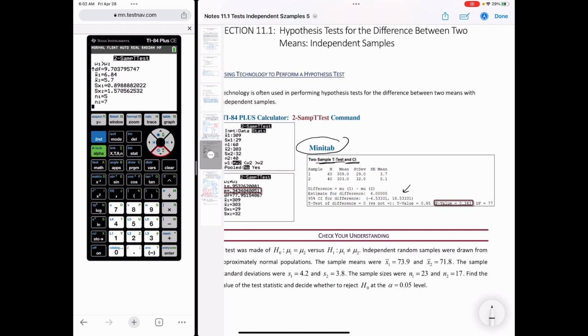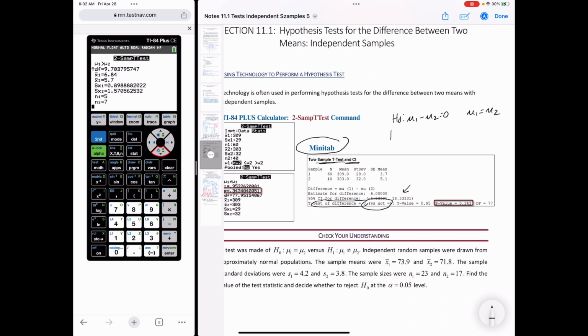And look at how they list your HO. Theirs is test of the difference equals 0. Their HO is mu1 minus mu2 equals 0. We would list that as mu1 equals mu2. Both are fine. Their H1 is versus not equal.